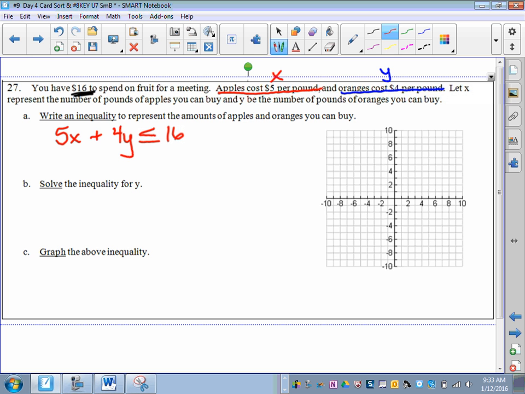Okay, so B says, solve the inequality for y. Let's do that. I'm going to rewrite this. Subtract 5x. Good. Translating what Gabby said, subtract 5x because we want to get y all by itself. So we have 4y is less than or equal to negative 5x plus 16.